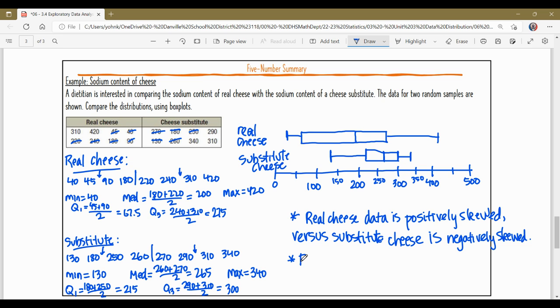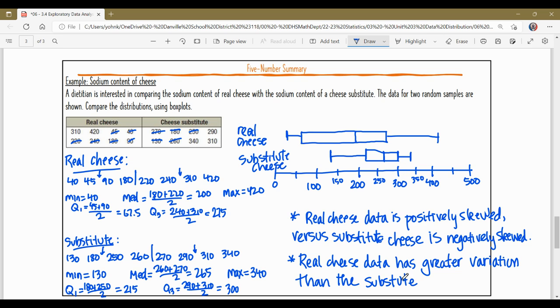So maybe we'll say the real cheese data has greater variation than the substitute cheese. All right, so pay attention to how wide the box plot is. Pay attention to how long the whiskers are.